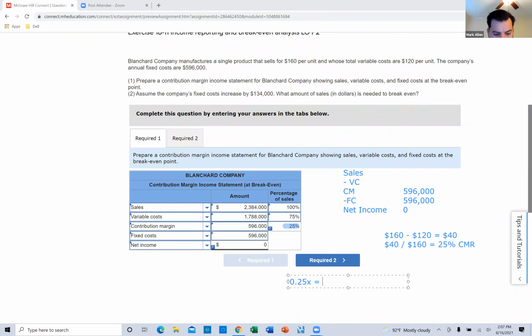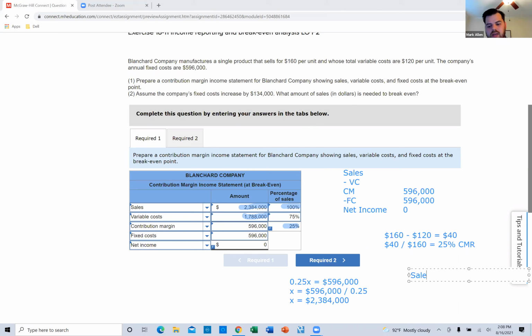Now, there's two ways to get this last number at this point. One way is to simply take the 2,384,000 times the 75%. If you do that, 2,384,000 times 0.75, you will in fact come out to 1,788,000. So one option is to say, well, if I've got 100% of sales, and after I back out variable costs I'm left with 25% of that, that's contribution margin.